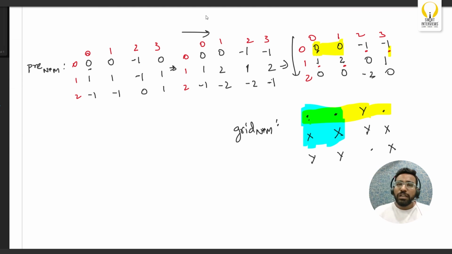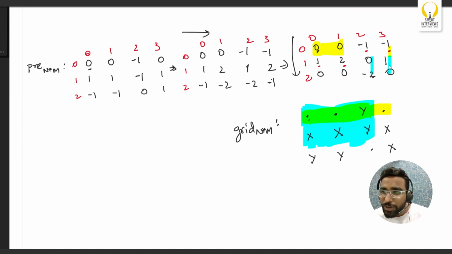Now, let's move forward. If you observe, here you are having 0. That means in this submatrix, you are having equal number of x's and y's. Similarly, if you observe 1, here 1 means in this submatrix, you are having 1 extra x.